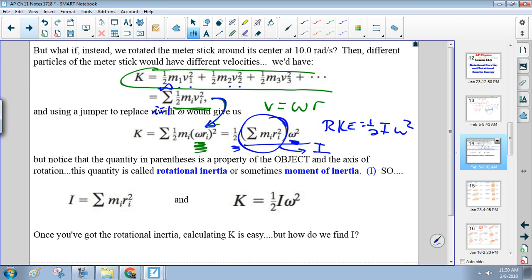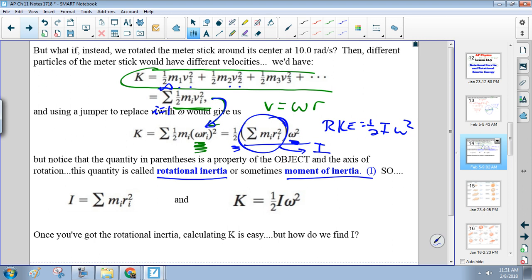And notice, this is super important. This is a property of the object, because it's dependent on the mass of the individual particles that make it up and where they're at. It's called the rotational inertia. It is a property of the object and the axis of rotation, which we'll get to in a minute. Sometimes instead of rotational inertia, professors will call this moment of inertia, which I never liked as a term.